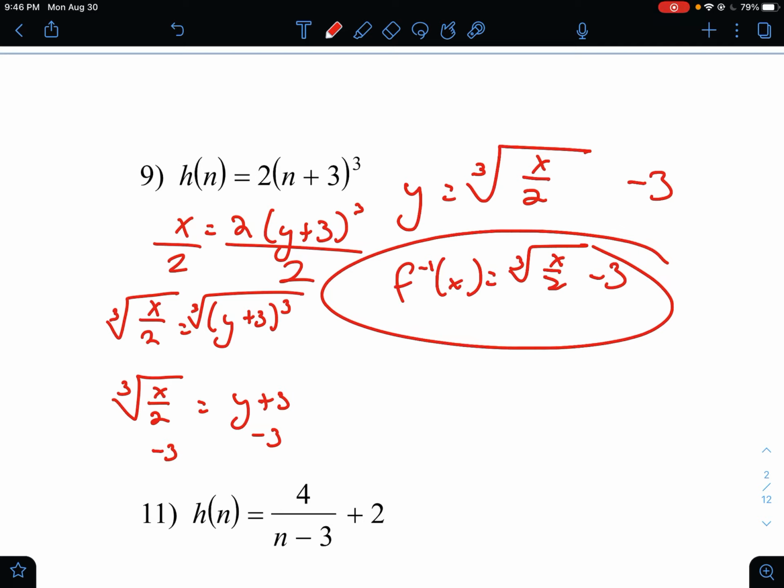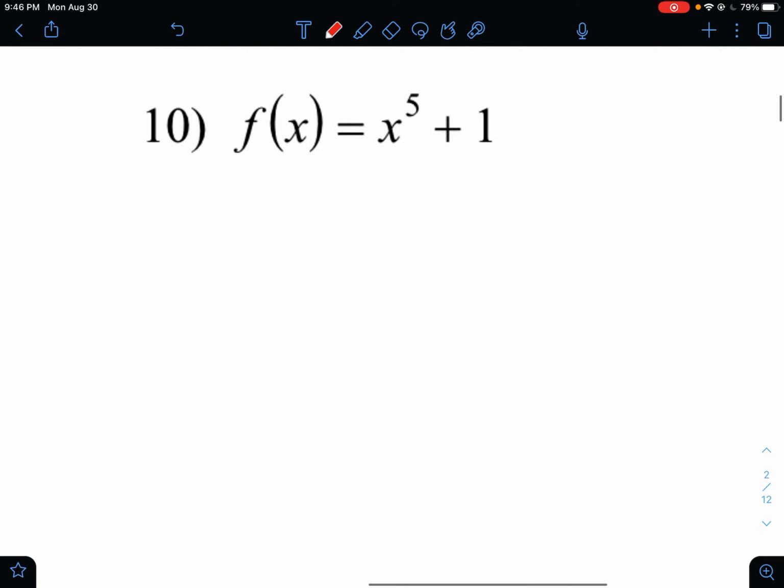All right. Let's see. I feel like I probably don't need to do the rest of these. How about I'll do 10 and 13. So for 10, again, I'm going to do x equals y to the 5th plus 1. I need to get y by itself. Do not fifth root this yet. You have to have that power by itself, and not everything on the right-hand side is being raised to the 5th power.